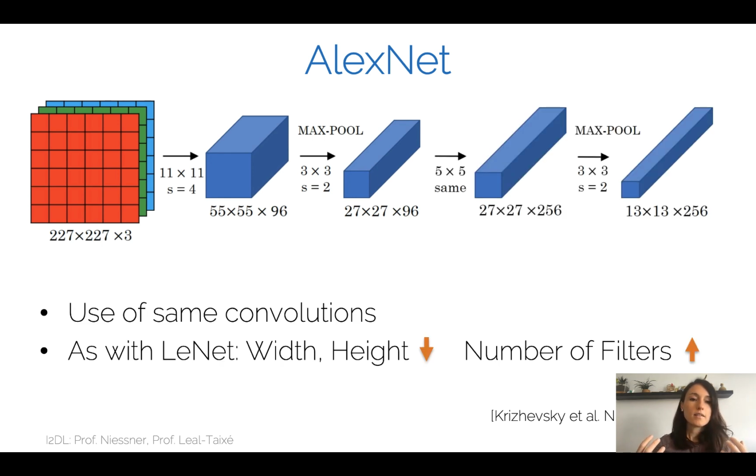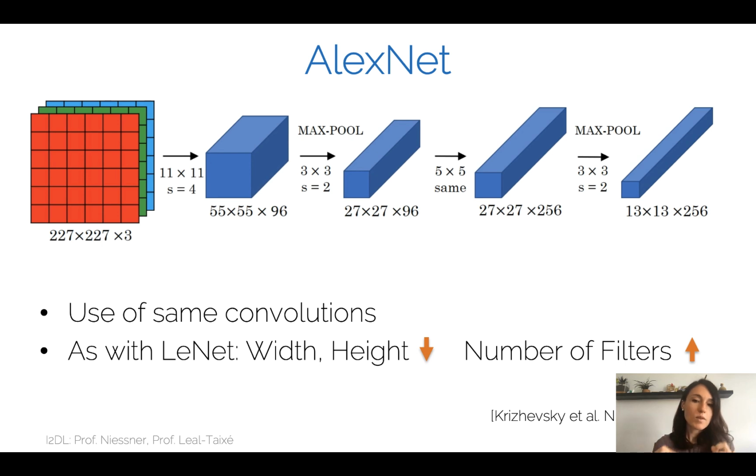As we add more layers to AlexNet, the first layer is the only one that has these really large filters. The other layers are like 5 by 5. They have max-pool operations of 3 by 3, so also a bit aggressive on that side. But in general, the only extreme reduction is at the beginning. And it also uses same convolutions, like LeNet.